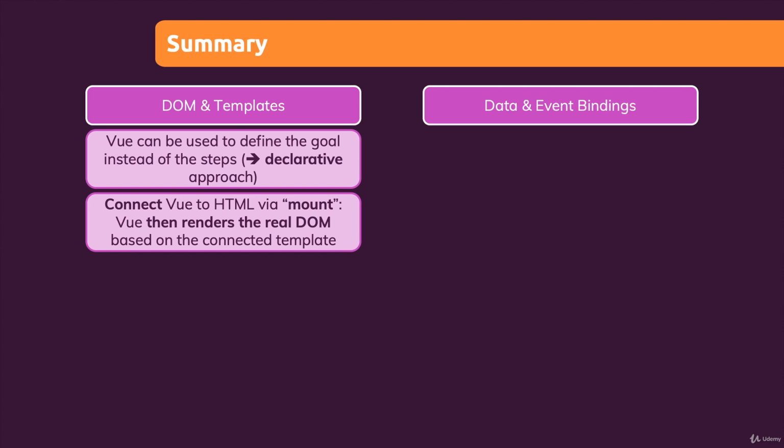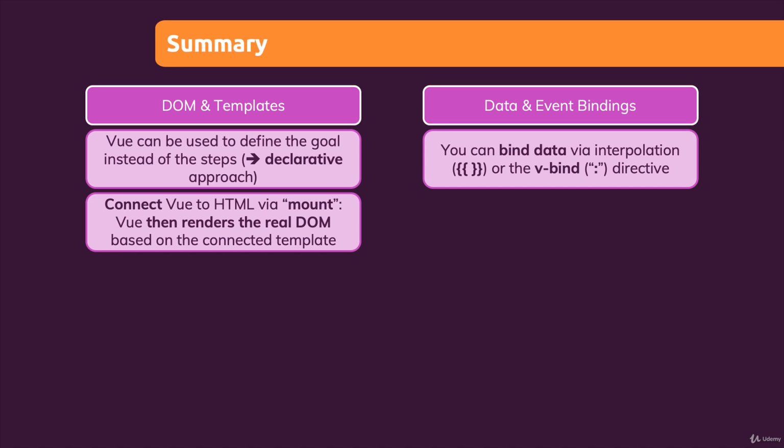You learned that data can be output in that template, so in the controlled HTML code, by using the double curly brace syntax, this interpolation syntax, to just output some text which might change over time in a certain place of the page, or with the v-bind directive to bind HTML attributes to some dynamic value.